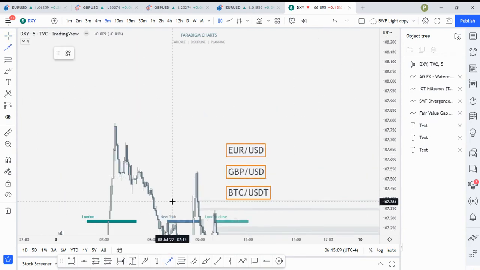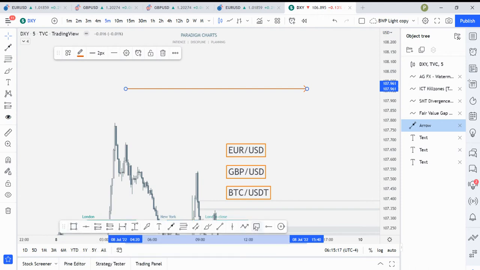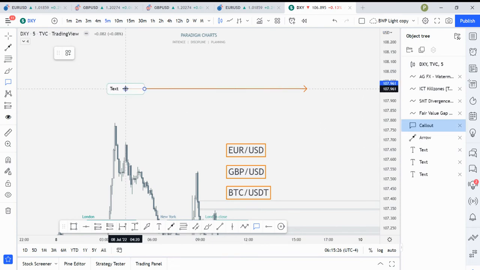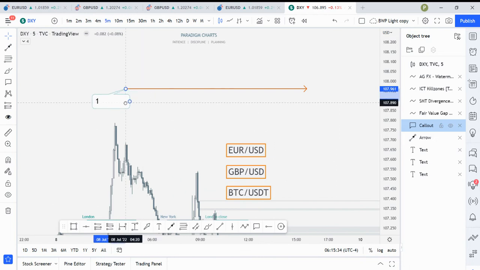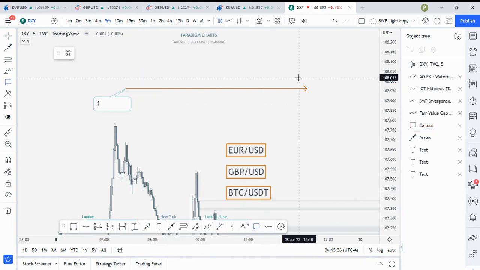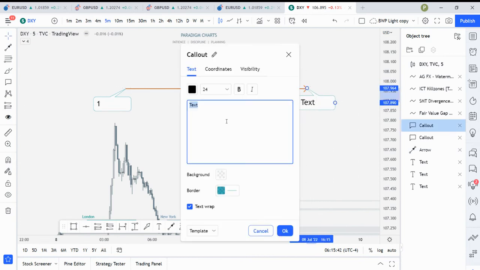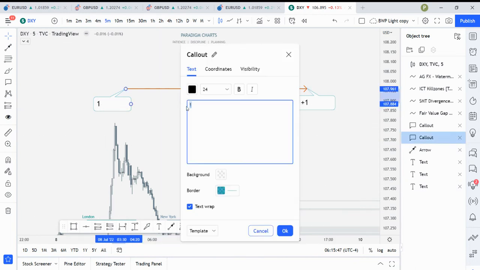Let me just draw something to illustrate that. So let us assume you have this, and here's my text. Let us assume we have one in here. That's the value of 1. This should be +1, and here we have -1.